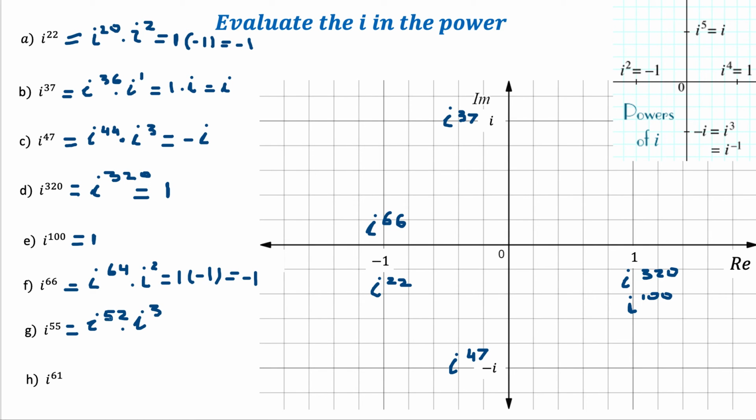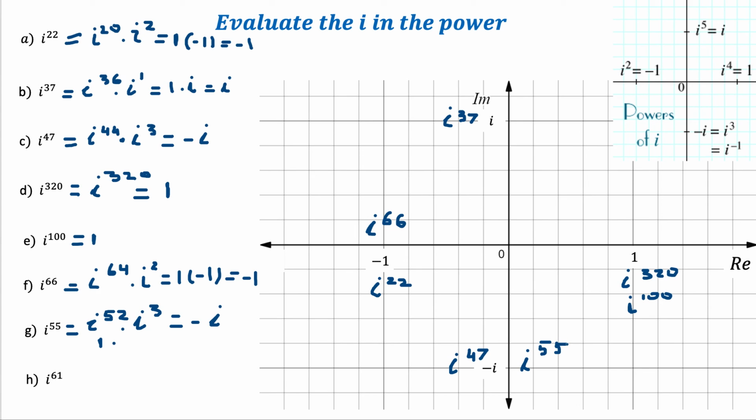We already know i to the 52 is 1, and i to the exponent 3 is minus i. Minus i times 1 is minus i. So i to the 55 is minus i, and here I can write i to the exponent 55.